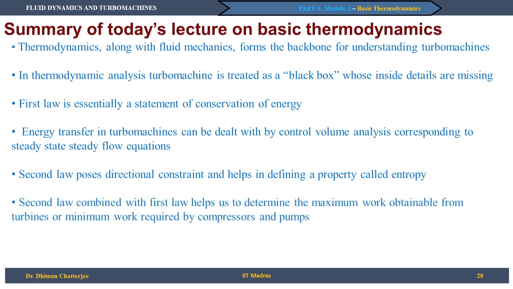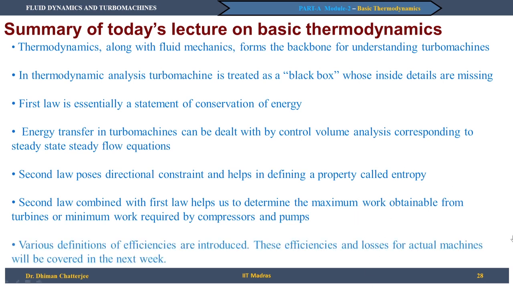The second law combined with the first law helps us to determine the maximum work obtainable from turbines or the minimum work that is required by compressors and pumps. Various definitions of efficiencies are introduced. These efficiencies and losses for actual machines will be covered in the next week.